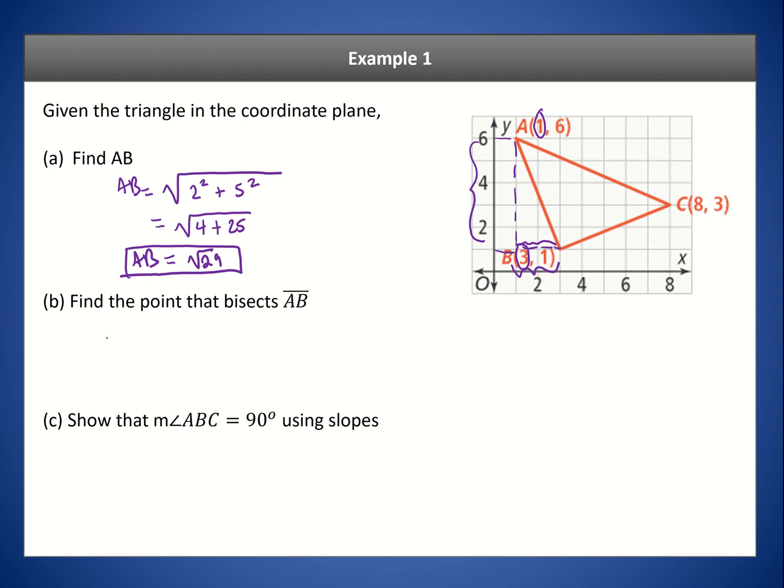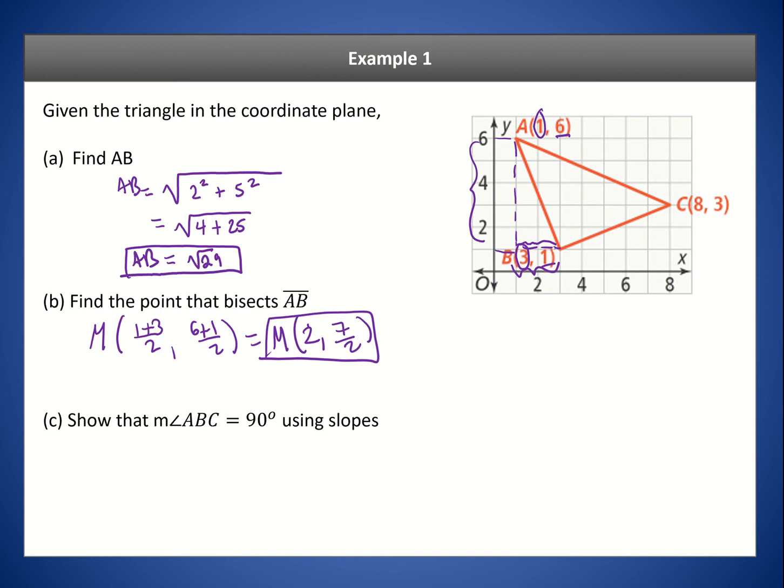We'll call that the midpoint M. So 1 plus 3 divided by 2, then 6 plus 1 divided by 2. We get 4 divided by 2, which is 2, then 7 divided by 2, which we can leave as a fraction. And that's our midpoint.